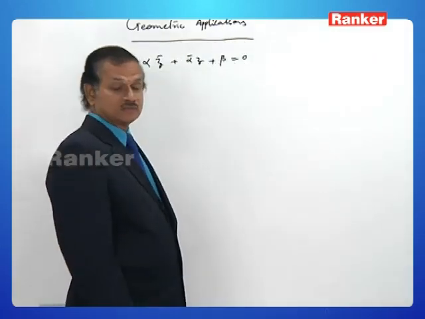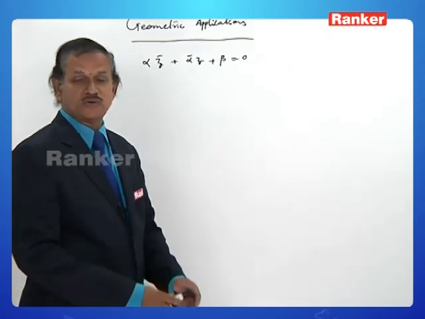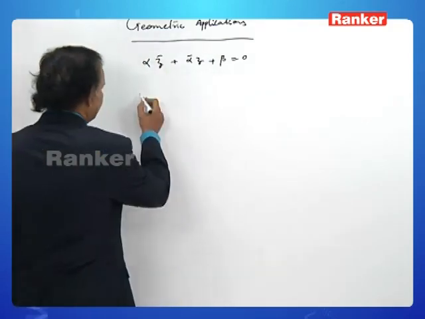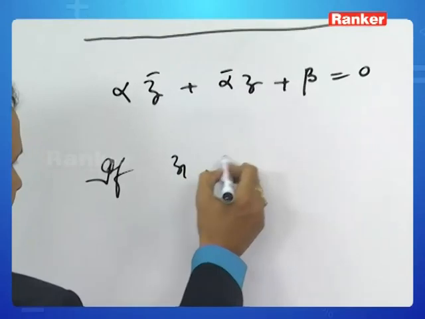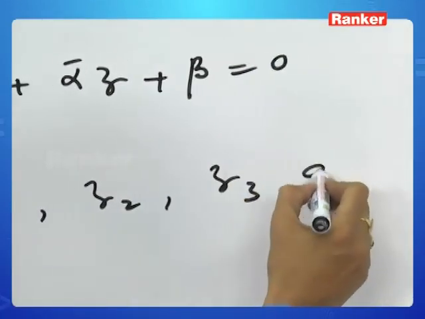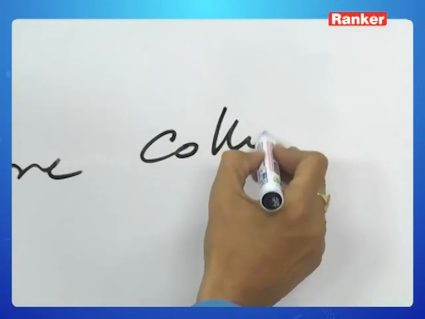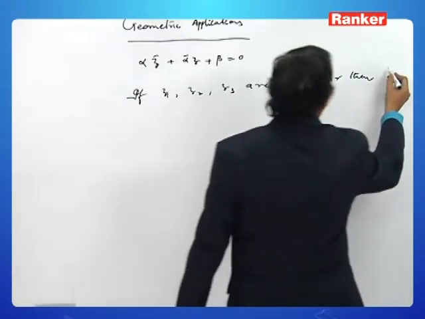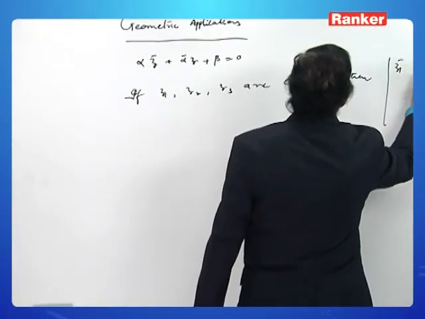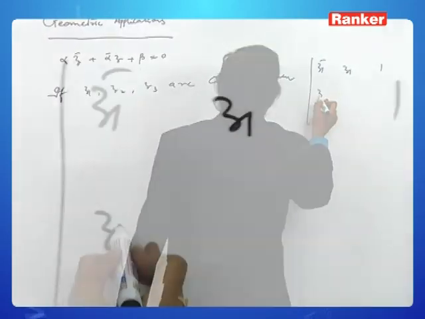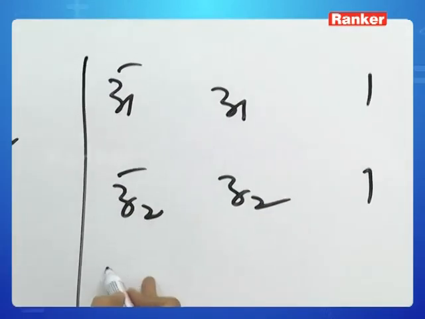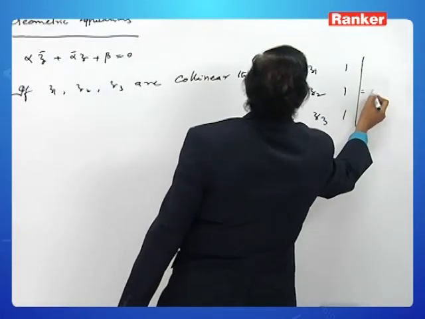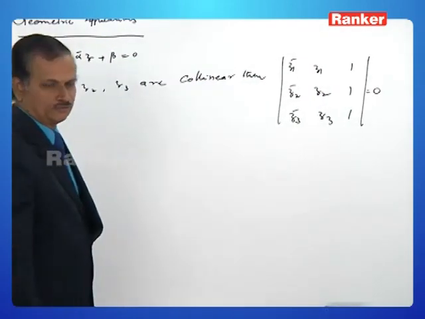Now we make use of this to obtain a very useful condition for the collinearity of 3 points. What I mean to say is, if Z1, Z2, Z3 are collinear, then the determinant with rows Z1 bar, Z1, 1; Z2 bar, Z2, 1; Z3 bar, Z3, 1 is equal to 0.